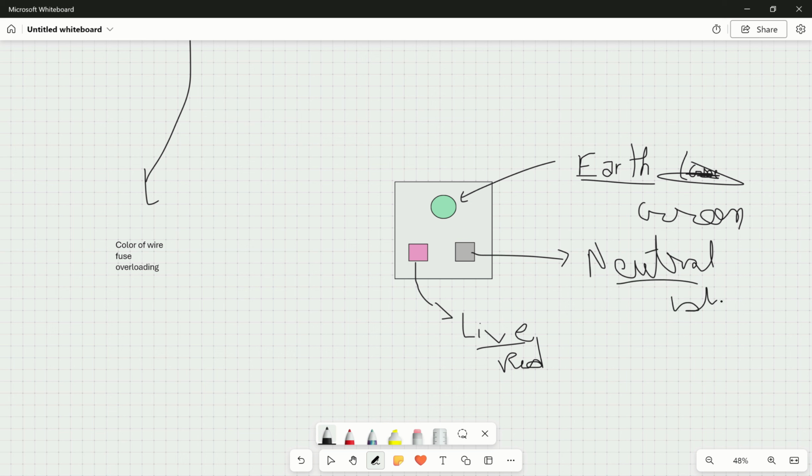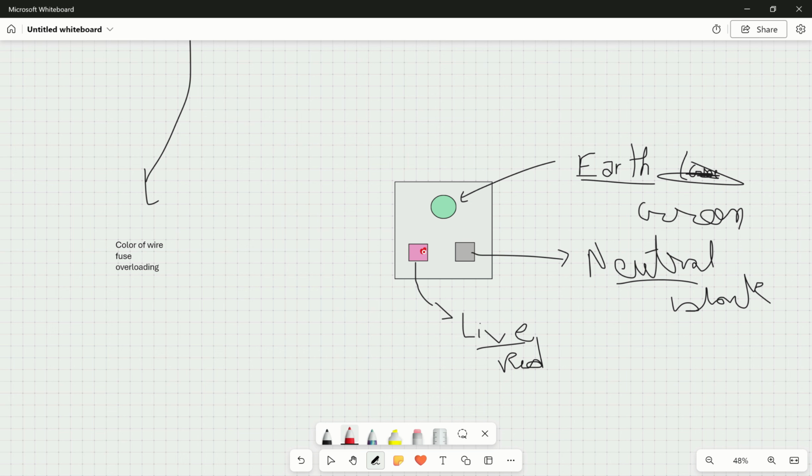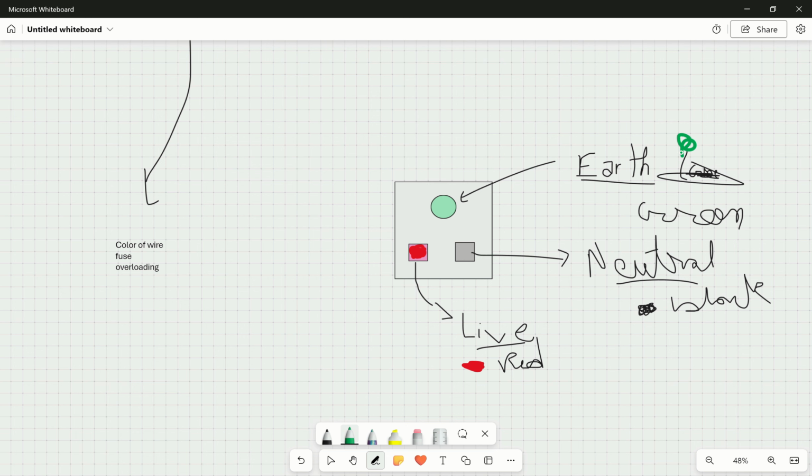So let's identify it like this. This is live wire, then this is neutral wire, and green, this is earth wire.